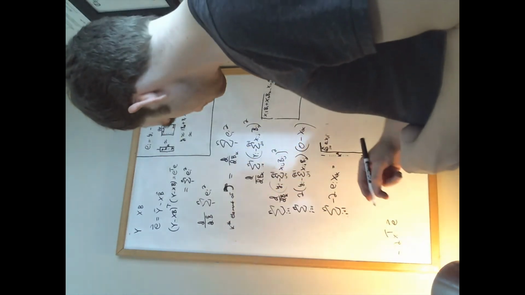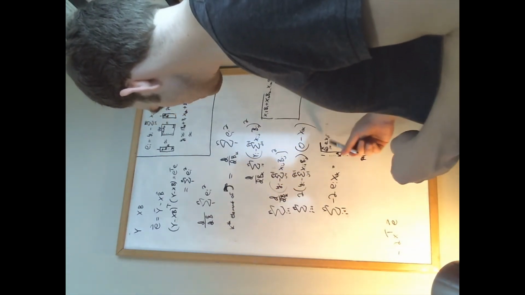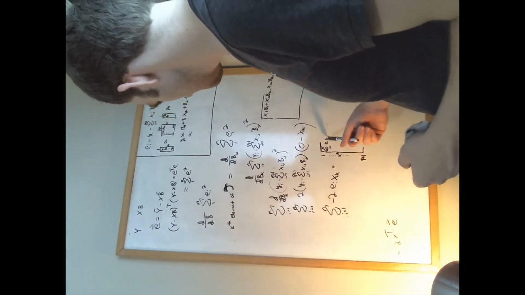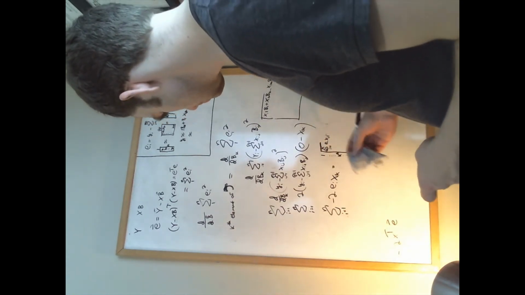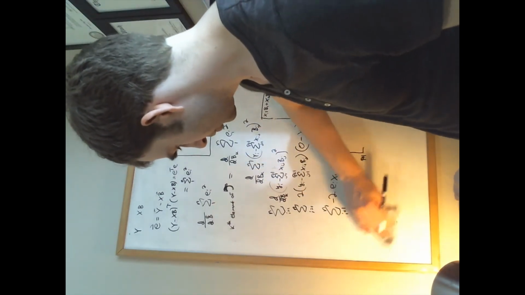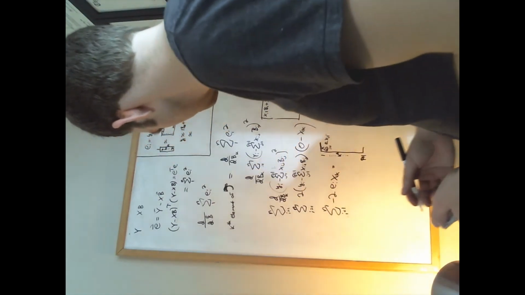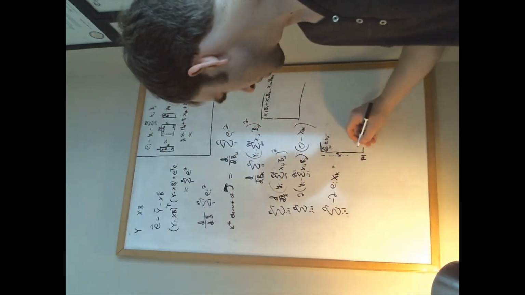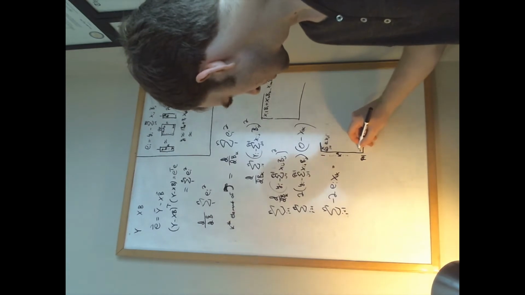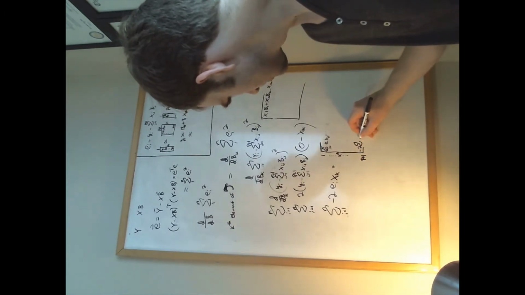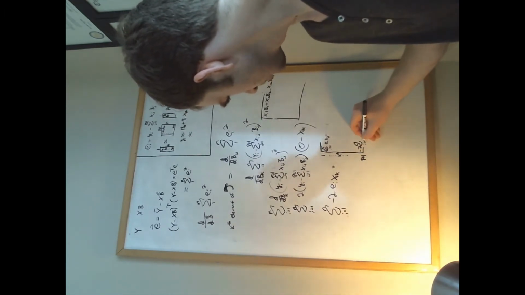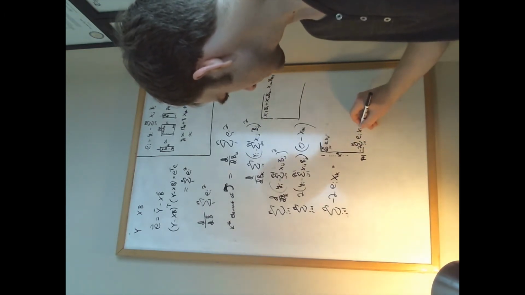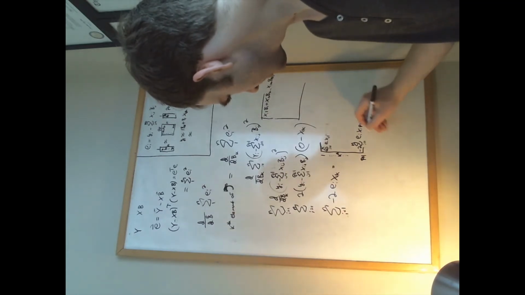Right? Okay, so we already know that k goes from 1 to p plus 1, and i goes from 1 to n. I've already written it down here, but we're going to do it. So down here we have minus 2 times the sum from 1 to n of e_i x_i,p+1.